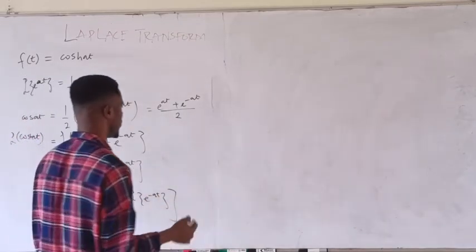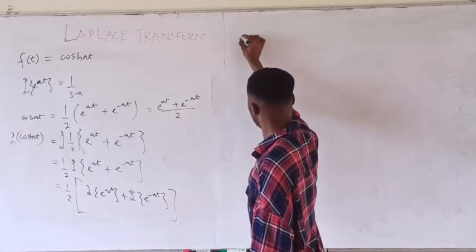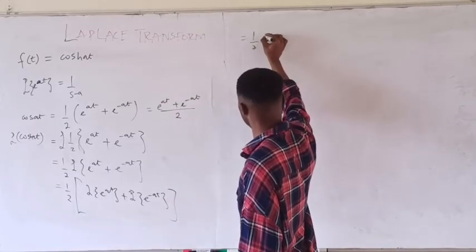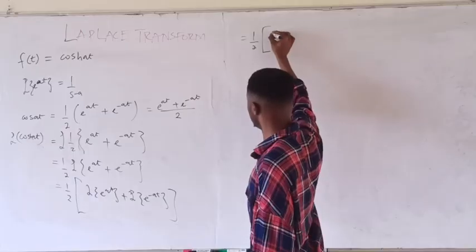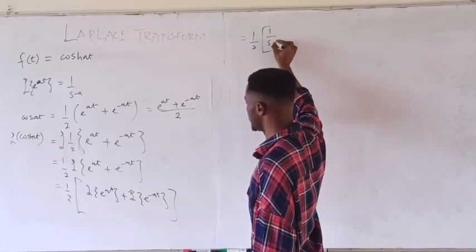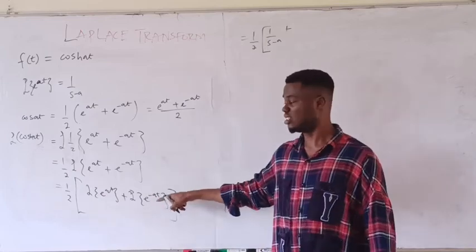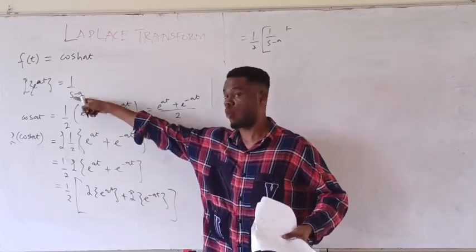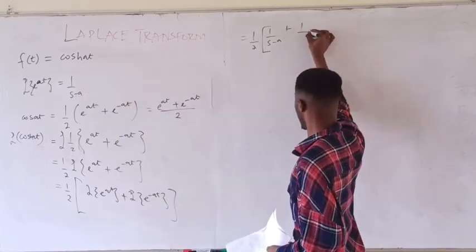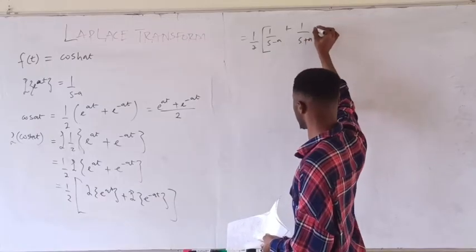Now if I do the Laplace of exponential of at, what I have is 1 over 2. I know that the Laplace of exponential of at gives me 1 over s minus a, and the exponential of minus at will give me 1 over s plus a, right?